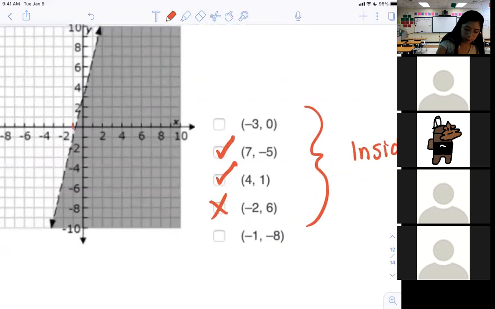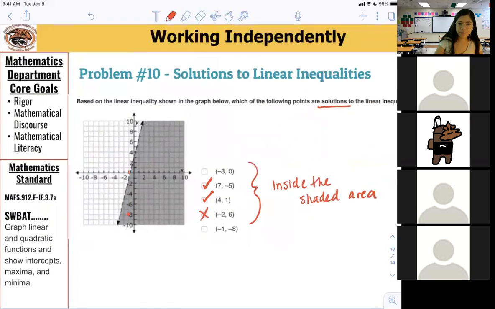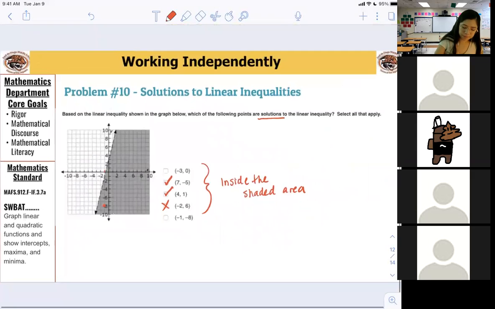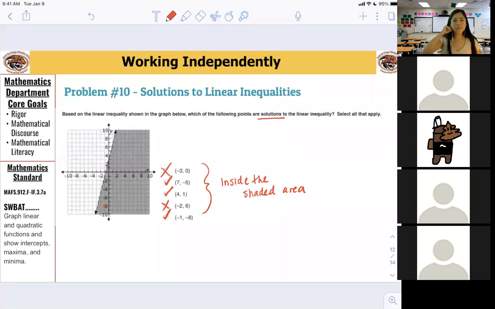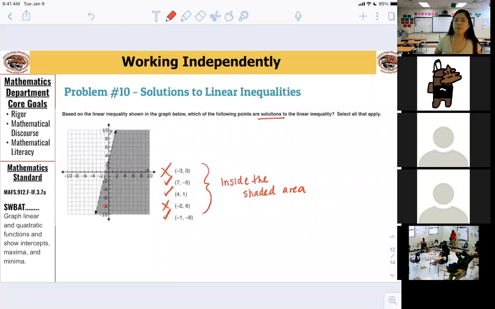Well, yes, but when you go down to the -8, it's actually in the shaded area. So -1, -8, that one actually is in. Everything else was out. So it doesn't matter what the x and y axis is; if that point is in the shaded area, it could be the solution. Yeah, you have to go to that actual point.